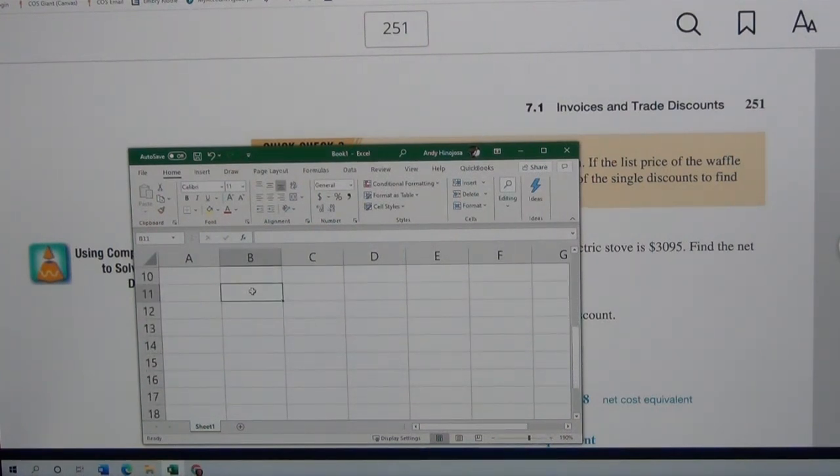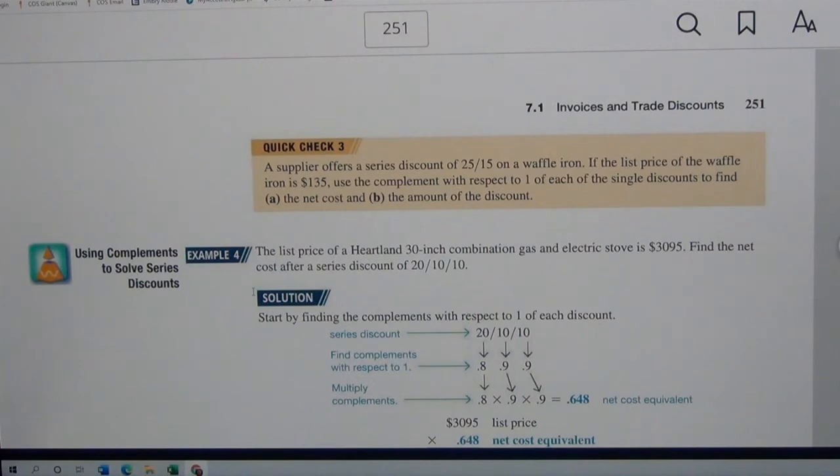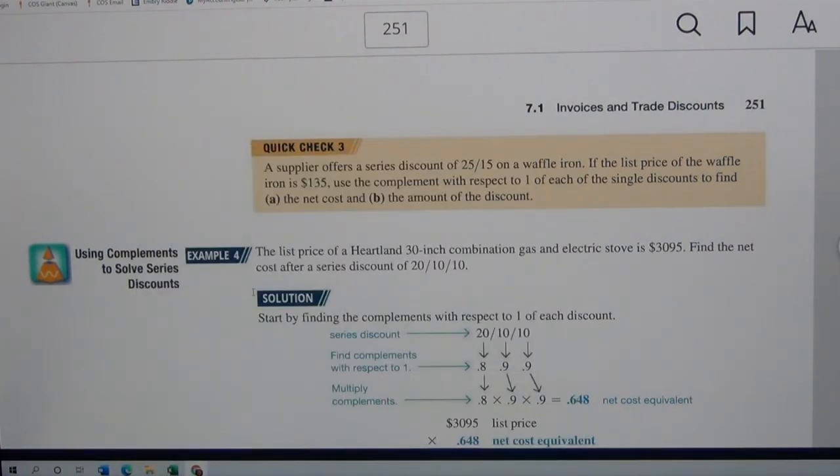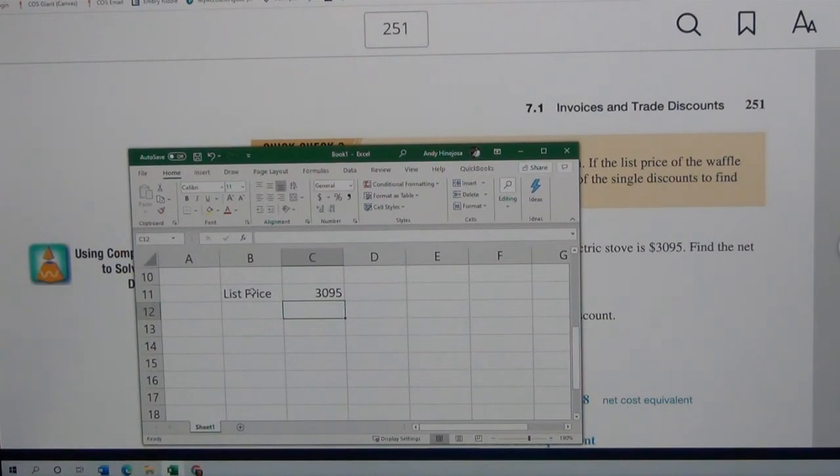So the list price is $3,095. All right, and the terms are 20, 10, 10. So in other words, you have first a 20, then a 10, then a 10. Now, based upon what we just learned, let's see if we could.